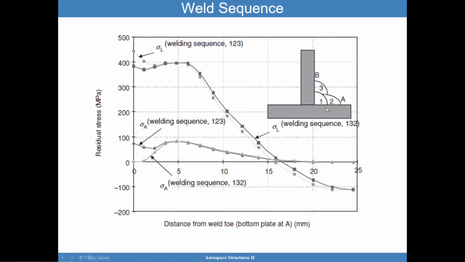Here I have an example, 1, 2, 3. So this is 1, then 2, then 3. In this scenario, you'll get some amount of weld stress. But if you did 1, 3, and 2, then you get even lower stresses. And then if you did 1, 2, and 3 in a different way, then you can get higher stresses. So it's important to understand that weld sequence matters.